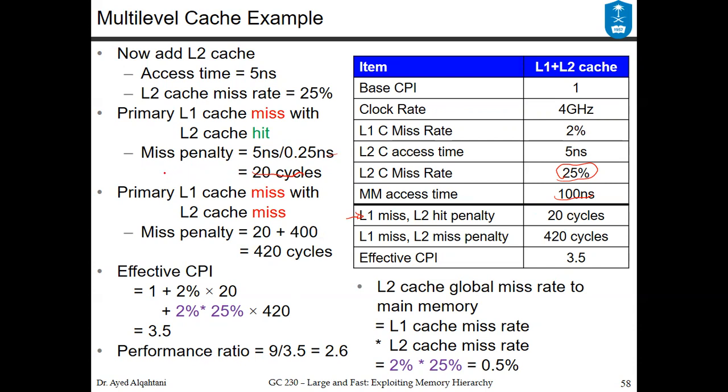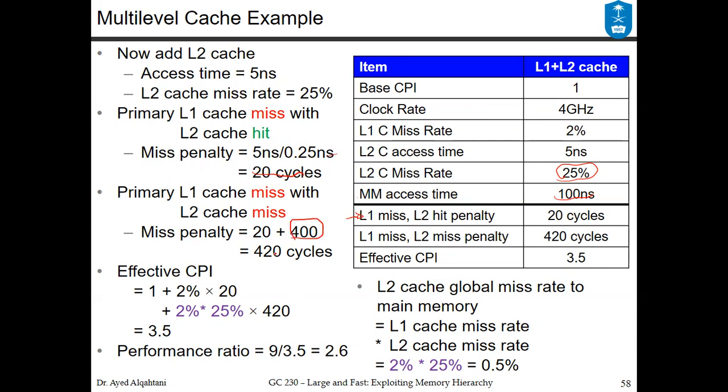Now, if you had a miss in level 1 cache and you looked for it in level 2 cache and it's also a miss, then what's the penalty? The penalty is you have to go to the main memory. You know that the main memory takes 100 nanoseconds, and we already found out that it takes 400 cycles in the previous question.